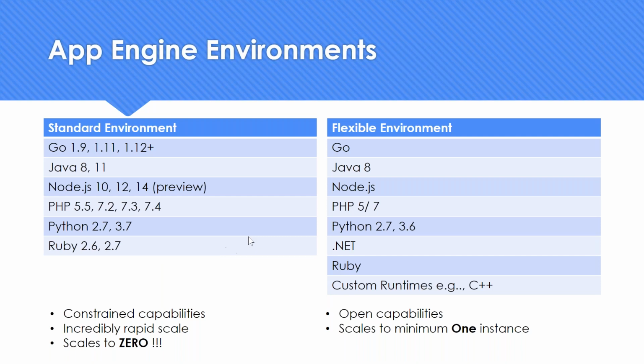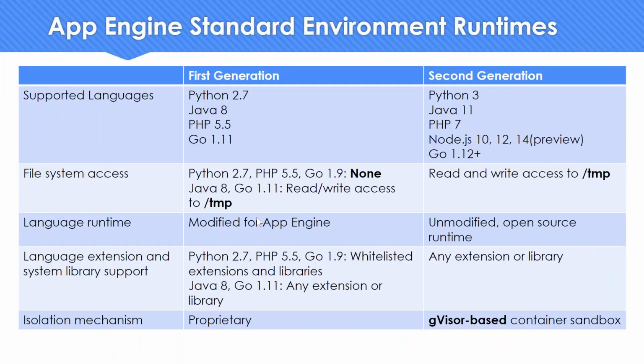In App Engine Standard itself, we saw there are two runtimes or generations available, basically first generation and second generation. The first generation was from the beginning, 2007 or 2008, till 2018. With the help of an isolation mechanism, gVisor, Google is now able to provide more runtime support.